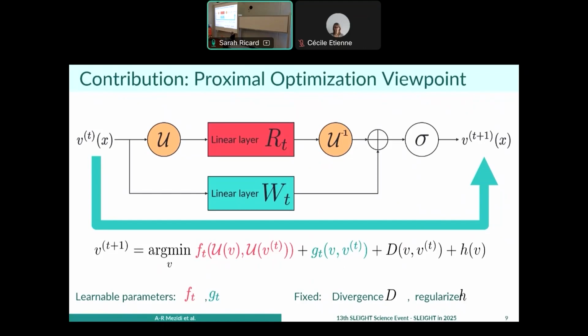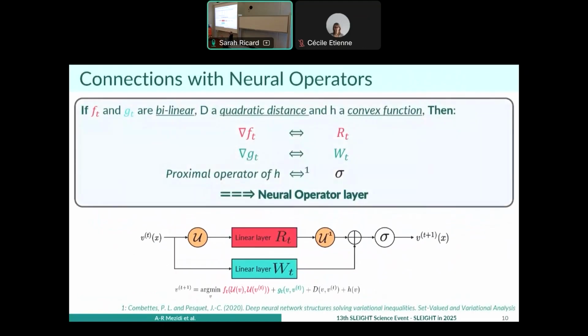But now, in order to retrieve the neural operator architecture, we need to impose some constraints on these components. More specifically, if F_t and G_t are bilinear, if D is a quadratic distance and H is a convex function, then we are able to find a closed form solution to this problem. And we also have some equivalences.